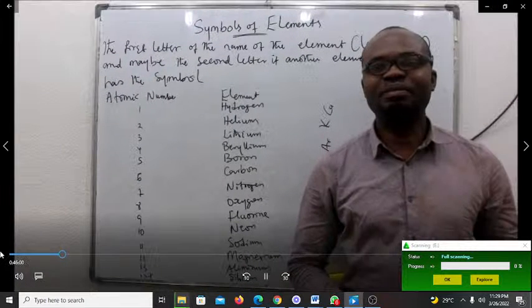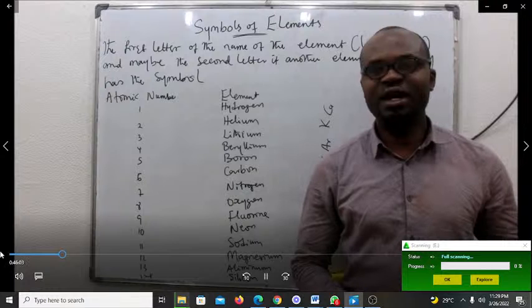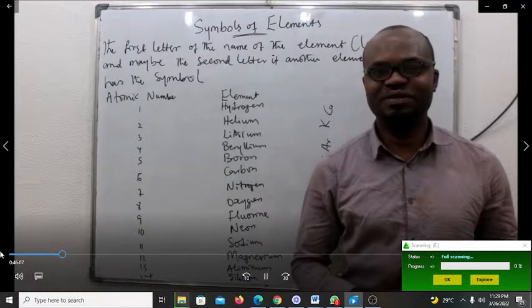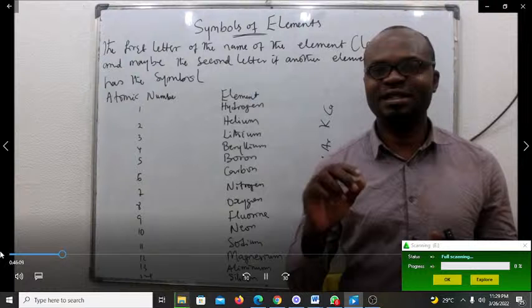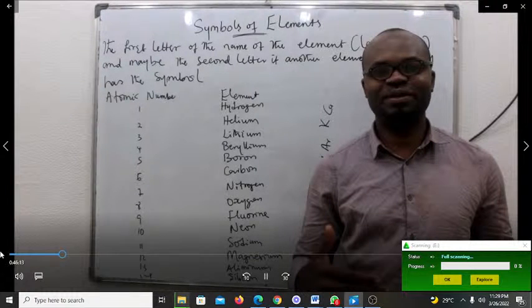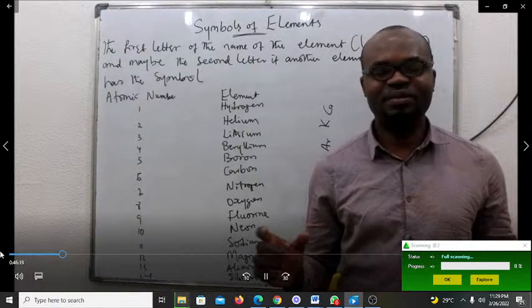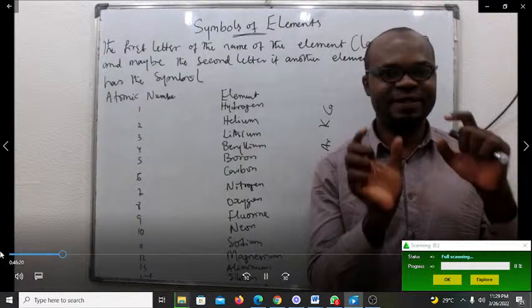Let's look at symbols of elements. If you want to represent an element in an abbreviated form, and you want people to understand, you use what we call symbols of elements. Symbols of elements are simply the first letters.